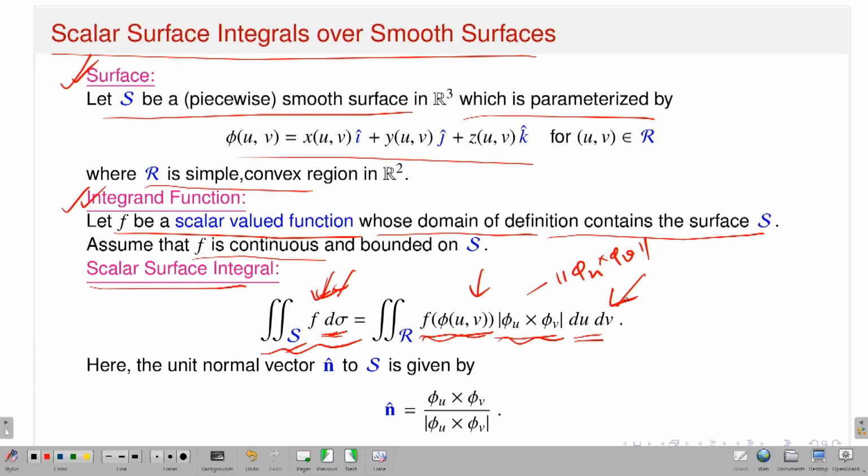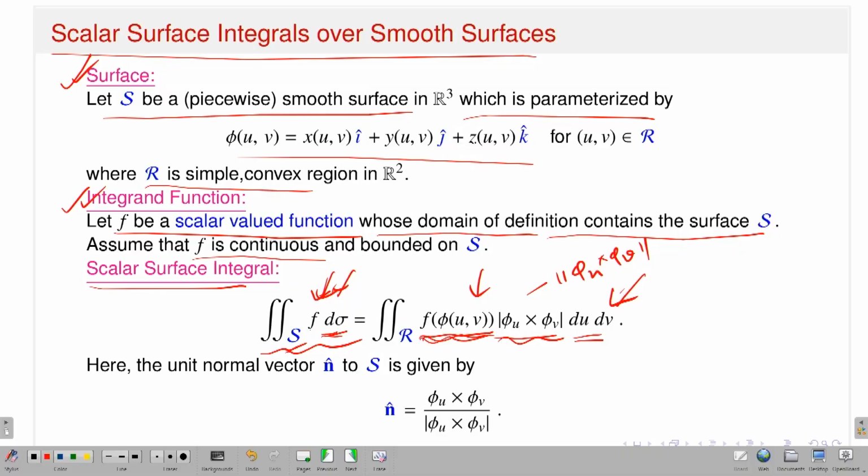So if I give some function and some smooth surface, and I say calculate this scalar surface integral, then what you have to do? Since surface S is smooth, you have to have a nice parameterization over some domain that is also smooth in R2. Then you just get the parameterization and calculate this double integral.